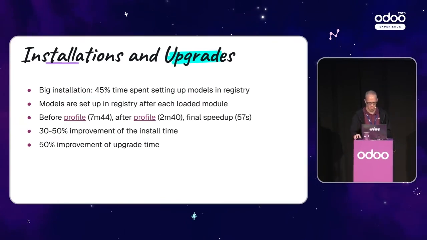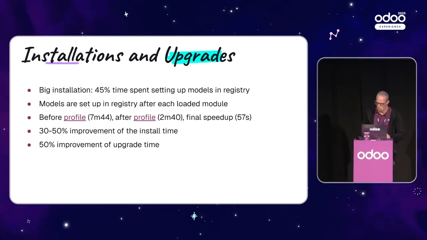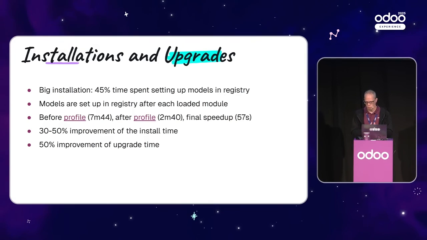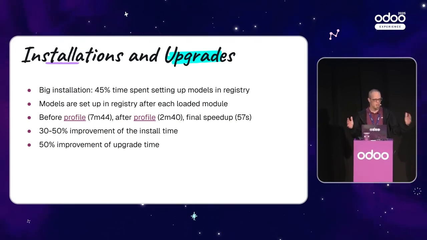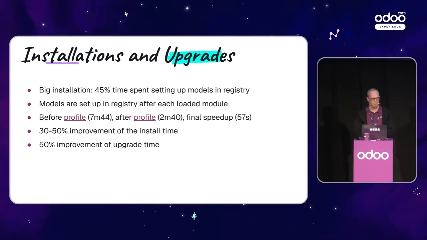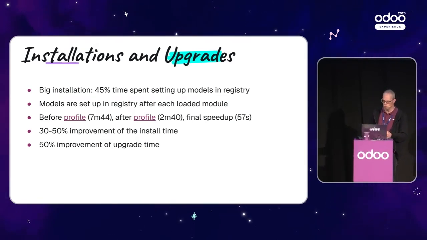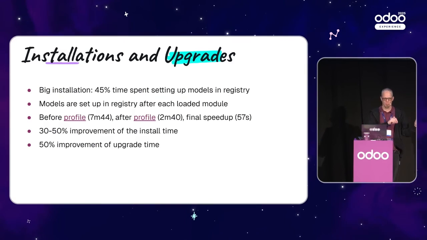Oh, that's a funny bit. It's something we've noticed when you're installing a large database with many modules, or upgrading a database with many modules. A lot of the time was spent just setting up the models in the registry.